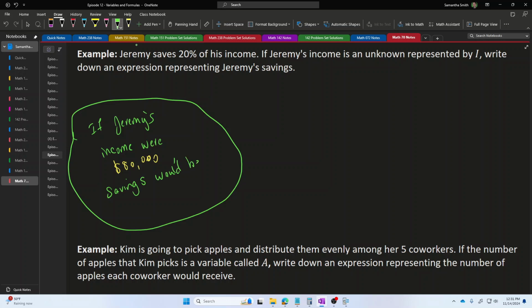His savings is 20% times his income. So I would calculate his savings by taking 20% times, in this specific case, 80,000. Or put another way, as a decimal, 0.20 times 80,000.